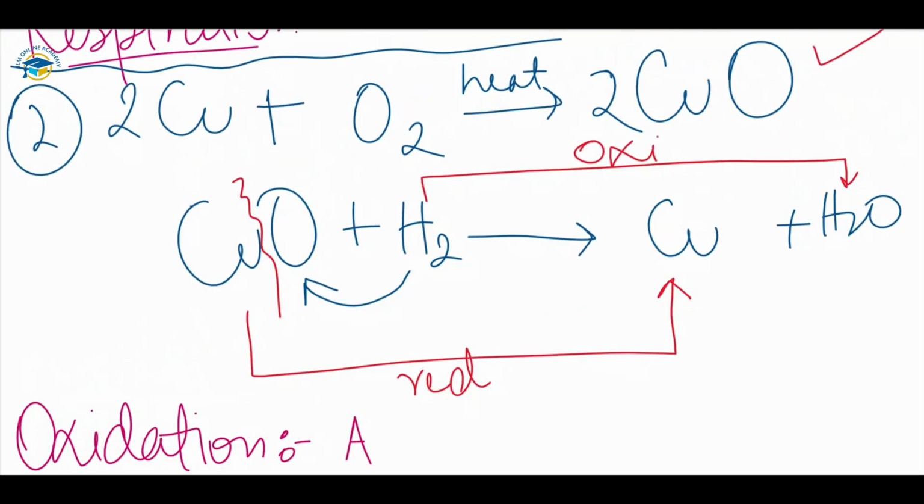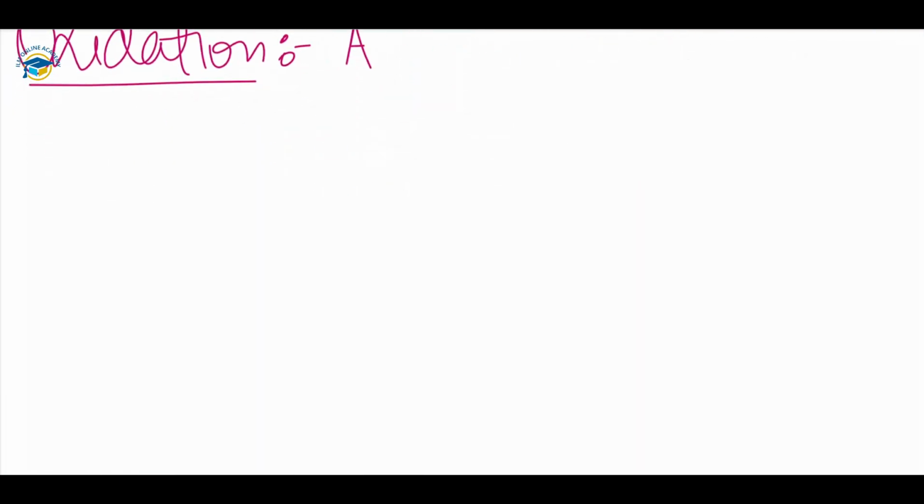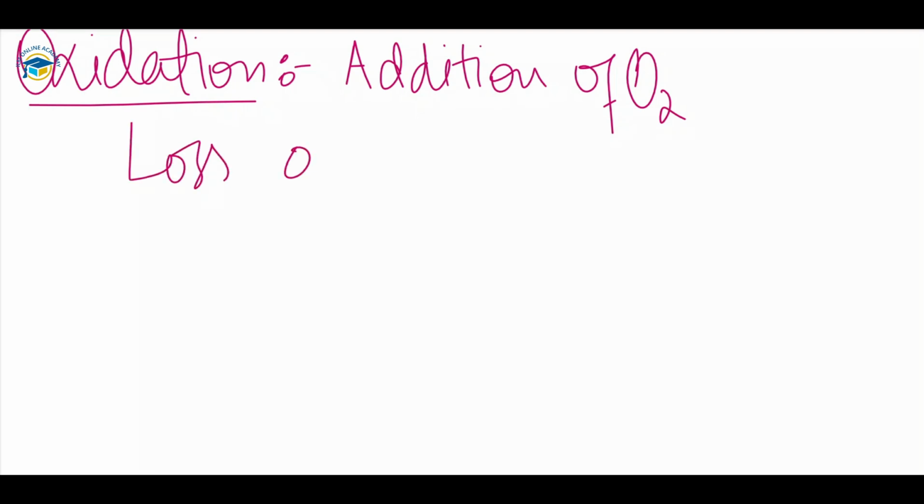Like from this example, you can see that when oxygen is added to any substance, you call it oxidation, or when oxygen is removed, you call it reduction. So oxidation is addition of oxygen, and the second definition for oxidation is the loss of electrons.